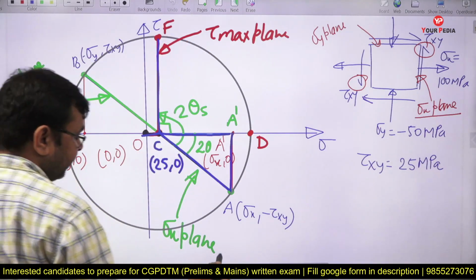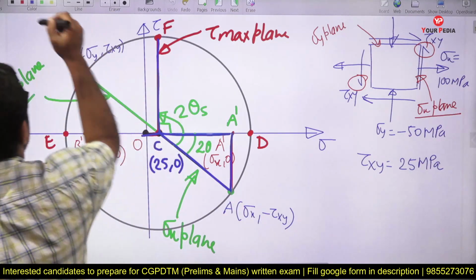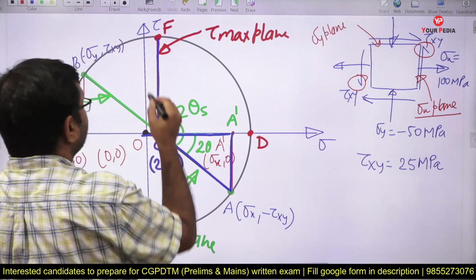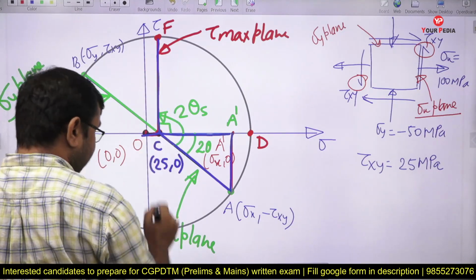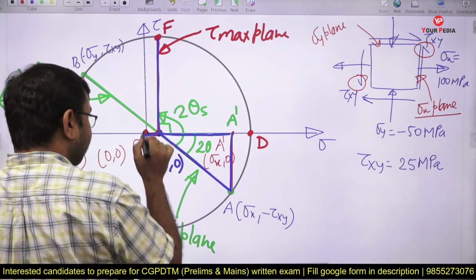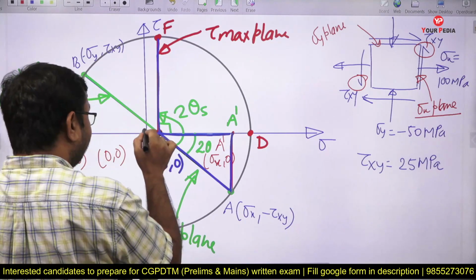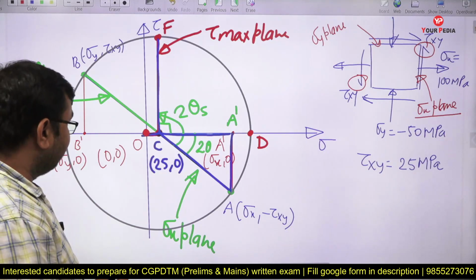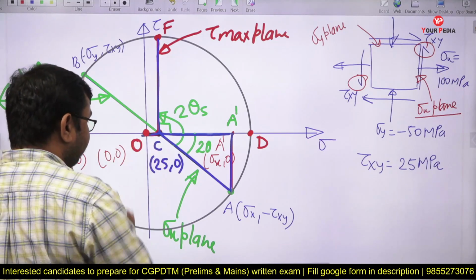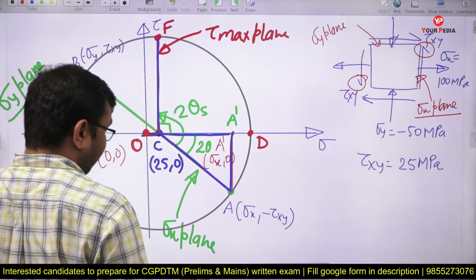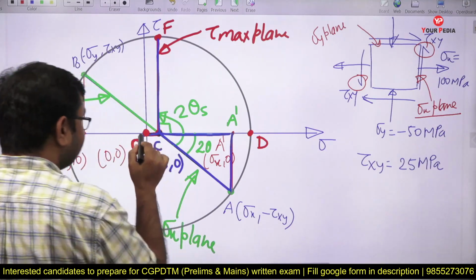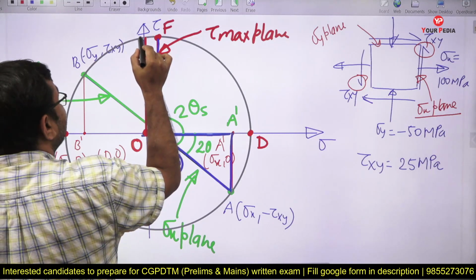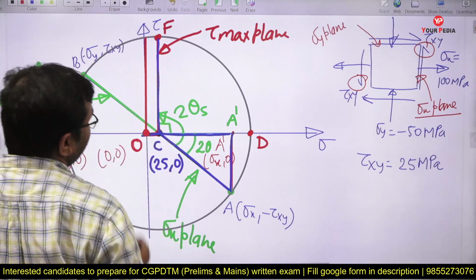From this figure, can I say this is the only point at which the normal stress is 0? Yes or no? This is the only point at which the normal stress is 0, that is the origin. Correct? And at 0 normal stress, you need to calculate the shear stress. Yes or no?